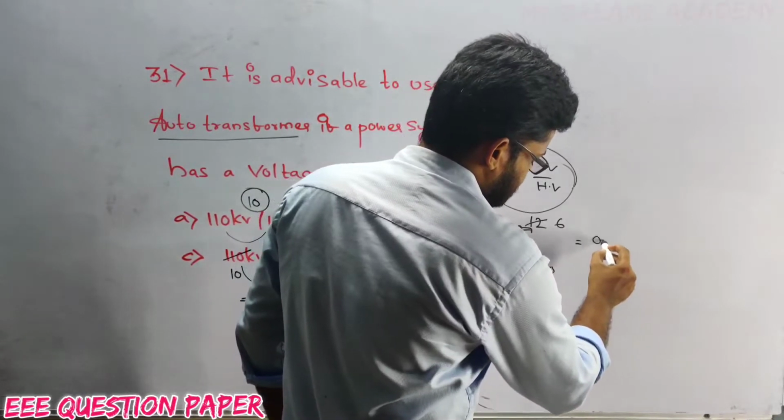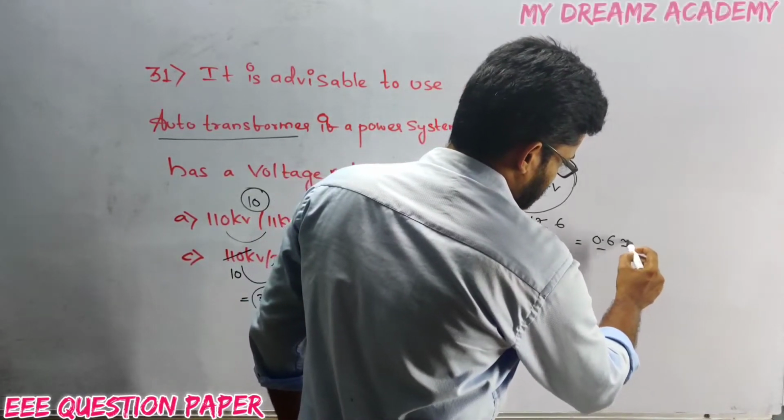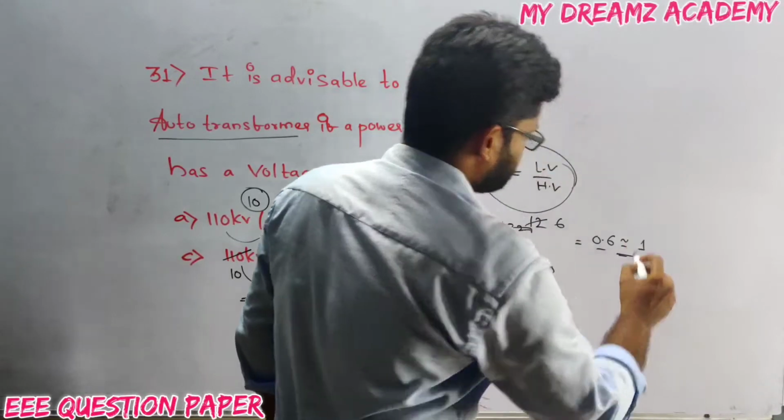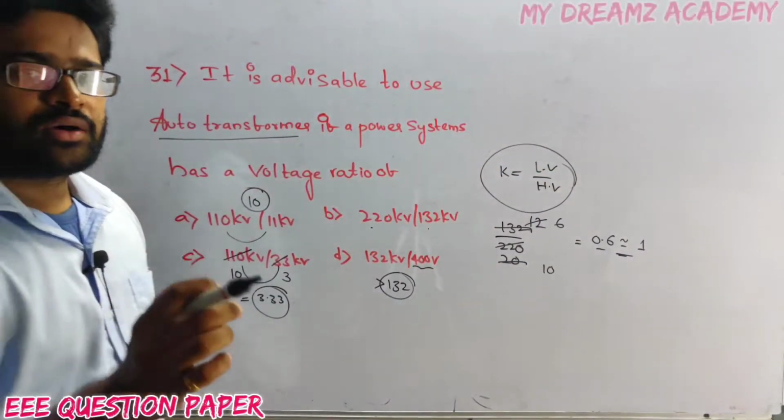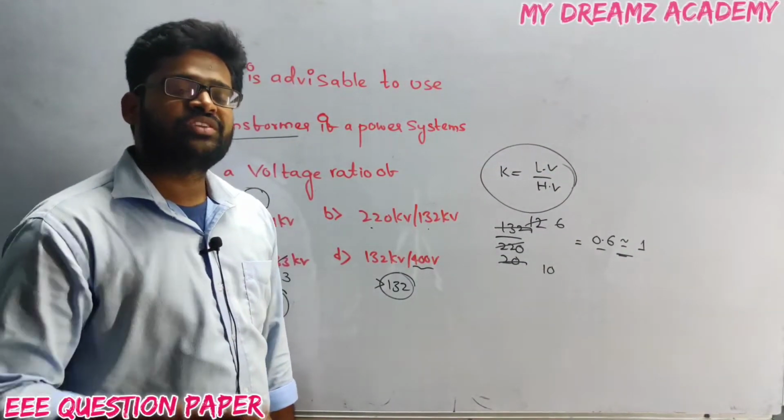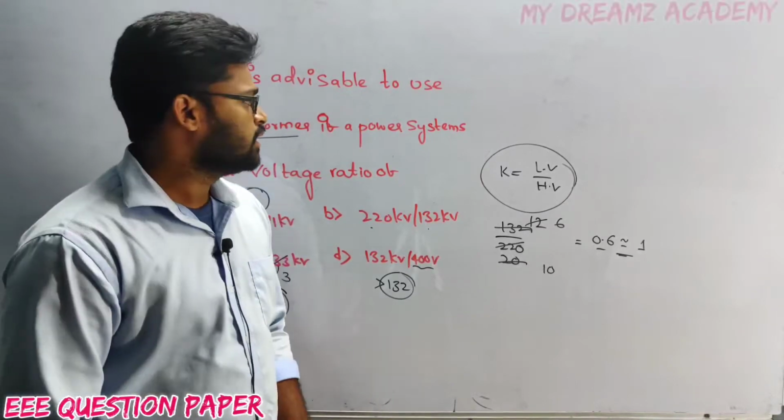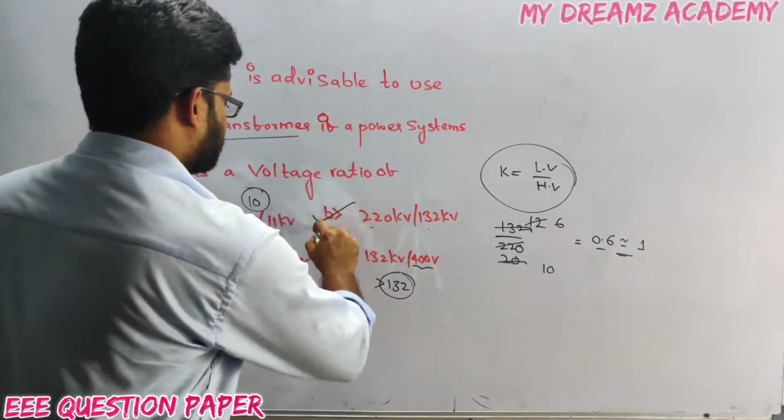It is 0.6, which is near to equal to 1. Always we have to choose the K value which is nearer to 1. Okay, so option B is correct for this question.